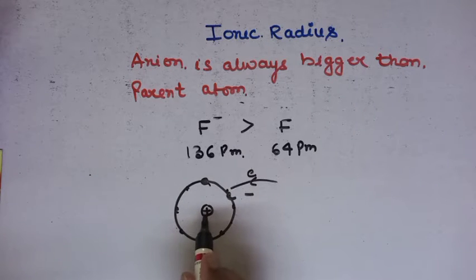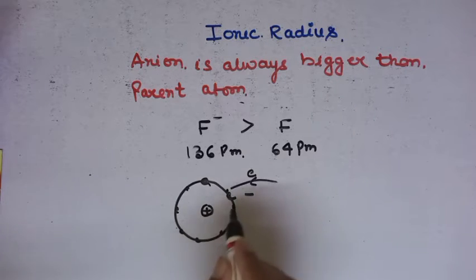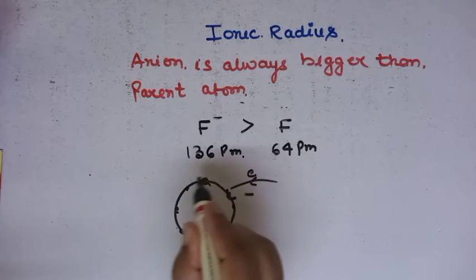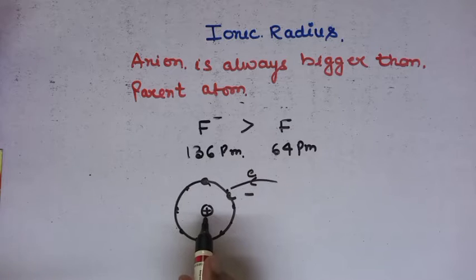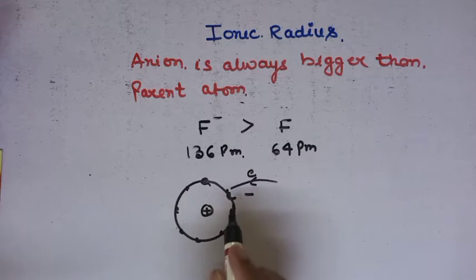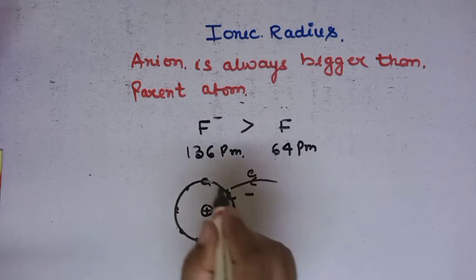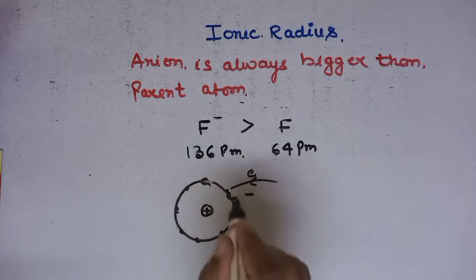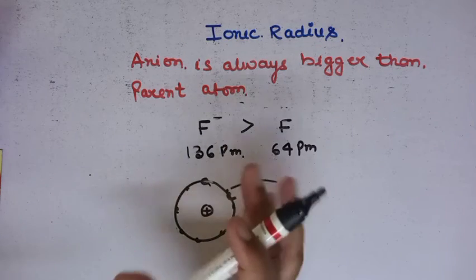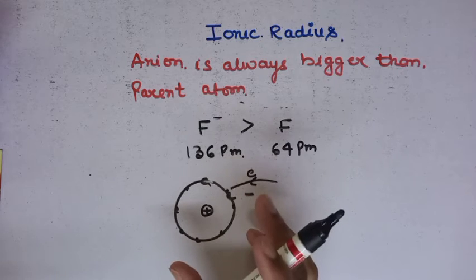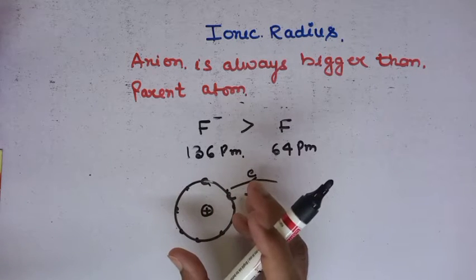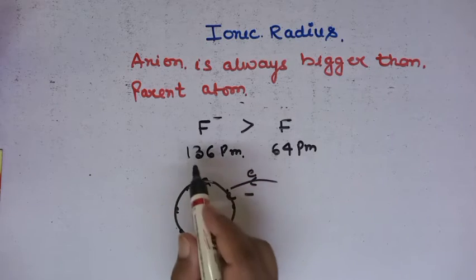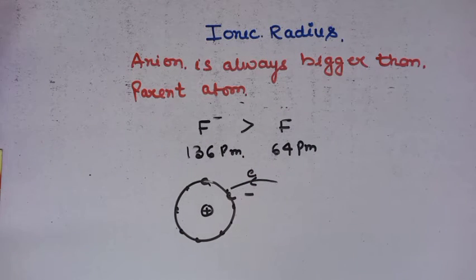Now the same strength of the nucleus has to attract more electrons. So its effective power is less. Or we also can say the more electrons lead to greater electronic repulsion, and this greater electronic repulsion results in expansion of the shell, due to which anion becomes bigger than parent atom.